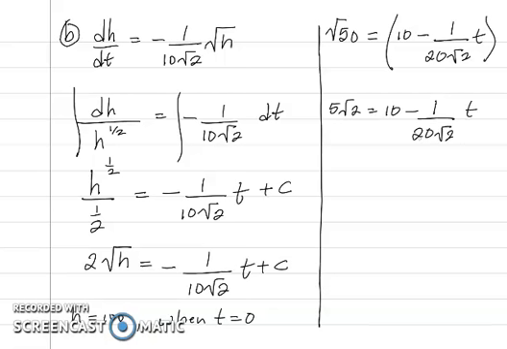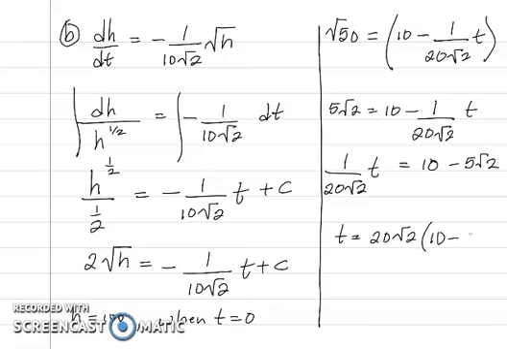Bring this over to make it positive. I get 1 over 20 root 2 t is equal to 10 minus 5 root 2. Then t would be equal to 20 over root 2 times 10 minus 5 root 2.